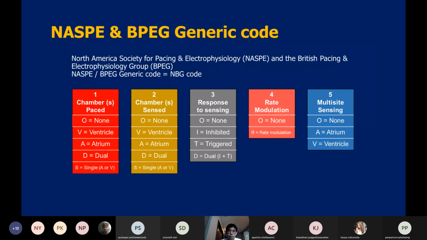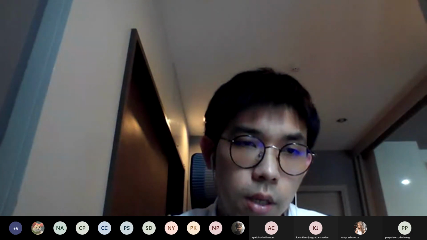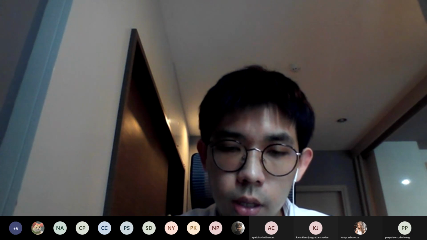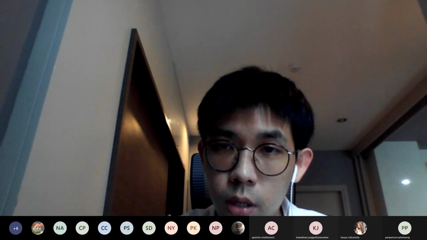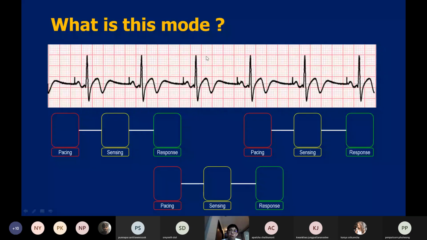For example, from the last slide, if we assume that this patient is on a dual chamber pacemaker, he has an intrinsic ventricular signal.